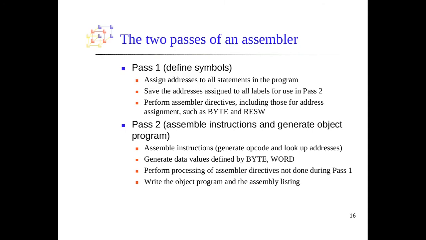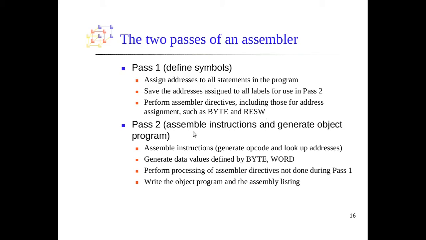Then, what are the functions performed by the 2 passes of an assembler? In pass 1, we define symbols, that is, assign addresses to all statements in the program. Then save the addresses assigned to all labels for use in pass 2. Perform the operations corresponding to assembler directives, including those for address assignment such as BYTE and RESW.